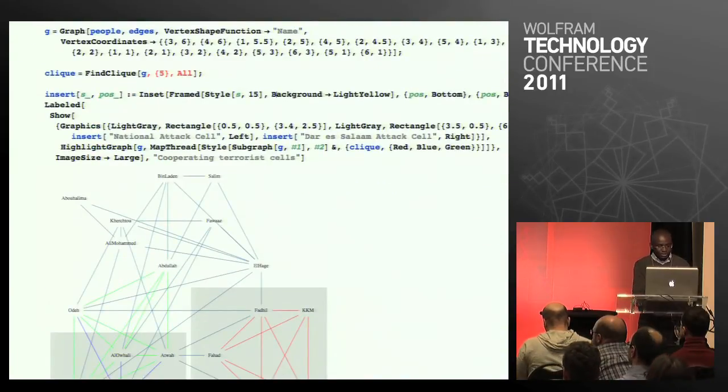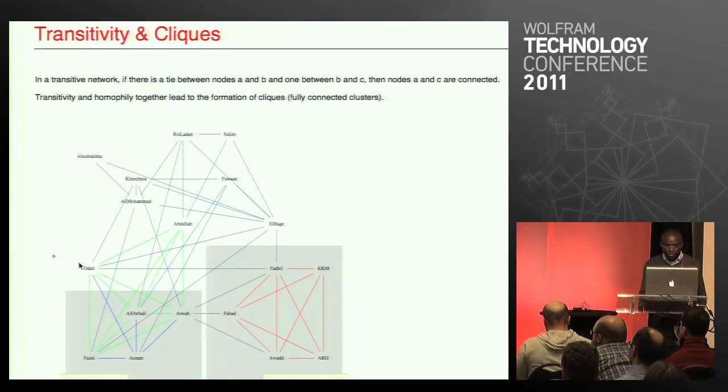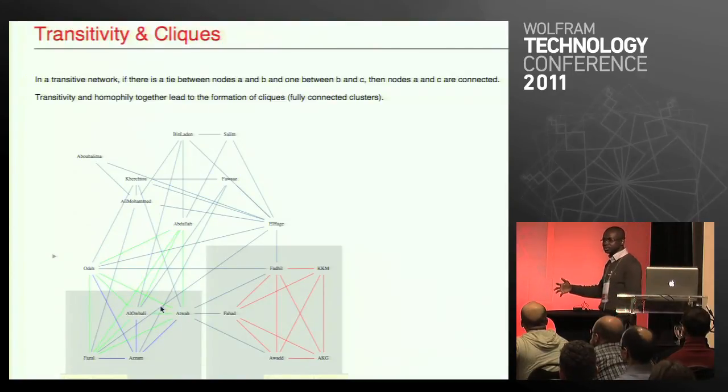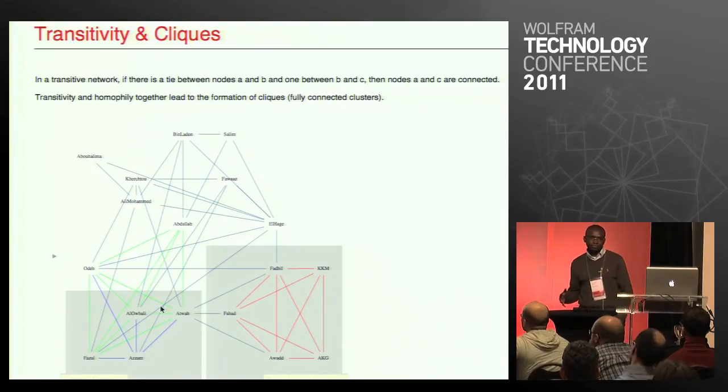As you see in this network, I hope it's visible, you have the clique here, which is in red, and the second clique, which is here. From the information they got, this is the set of people who conducted the attack. The first one, I believe, was in Kenya, and the second one here. You see that all those people who were directly involved were contained in the clique.